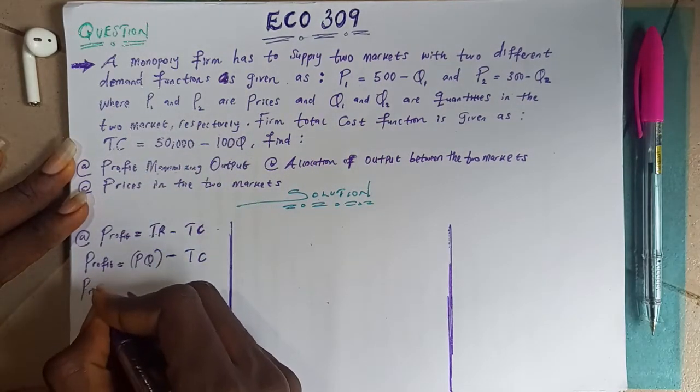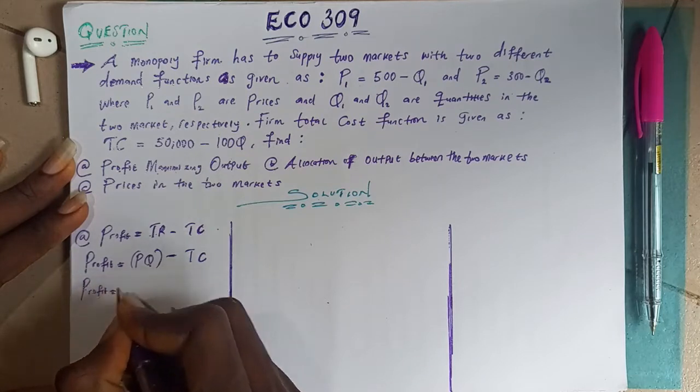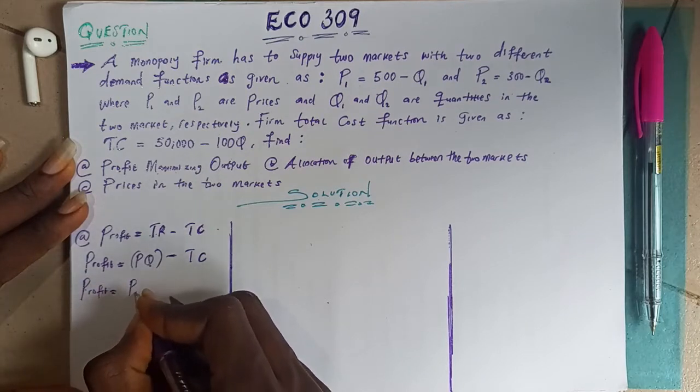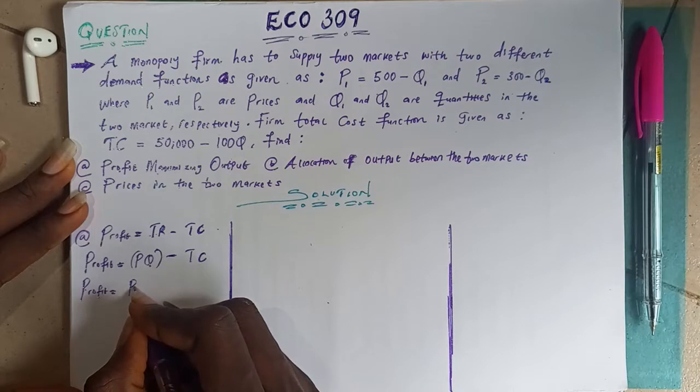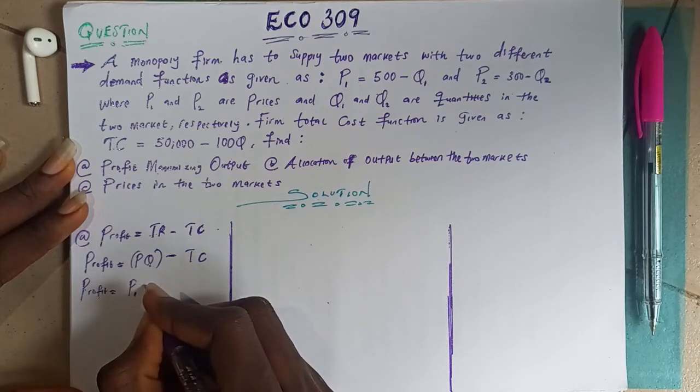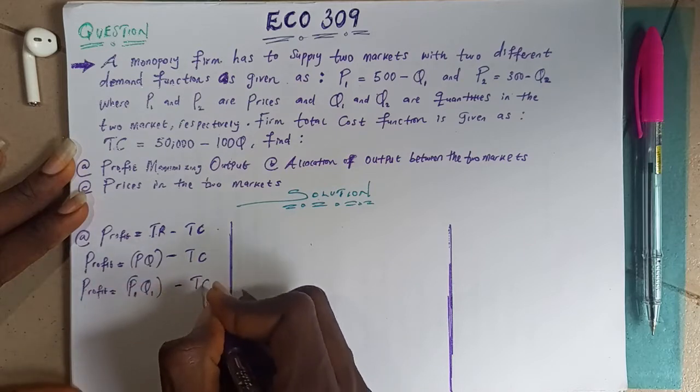So considering this first one, let's say we pick price 1 with its respective quantity 1. What will this give us?